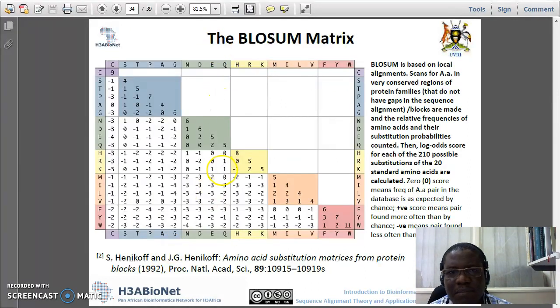Here is an example of the BLOSUM matrix, and the key thing here is that the underlying data used to calculate these positions comes from a wider sequence database than, for example, the PAM.